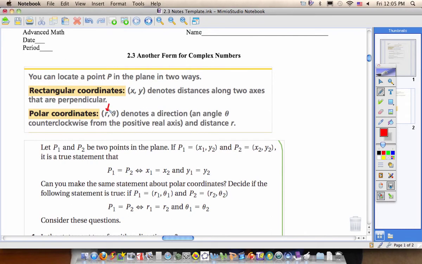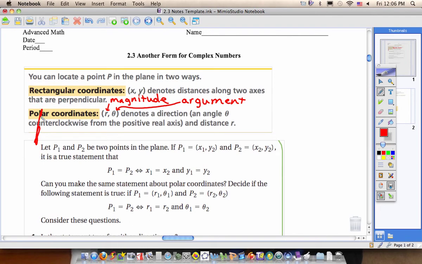So r is the magnitude, and theta will be the argument. So your first statement is just trying to get you to compare some things you've already looked at.